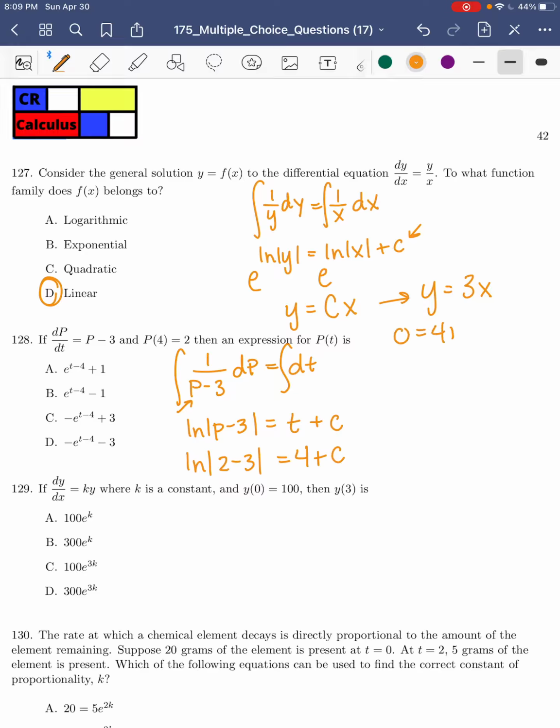So 0 equals 4 plus c, negative 4 equals c. So then I have natural log of p minus 3 equals t plus, not c, we just found out that that was negative 4.